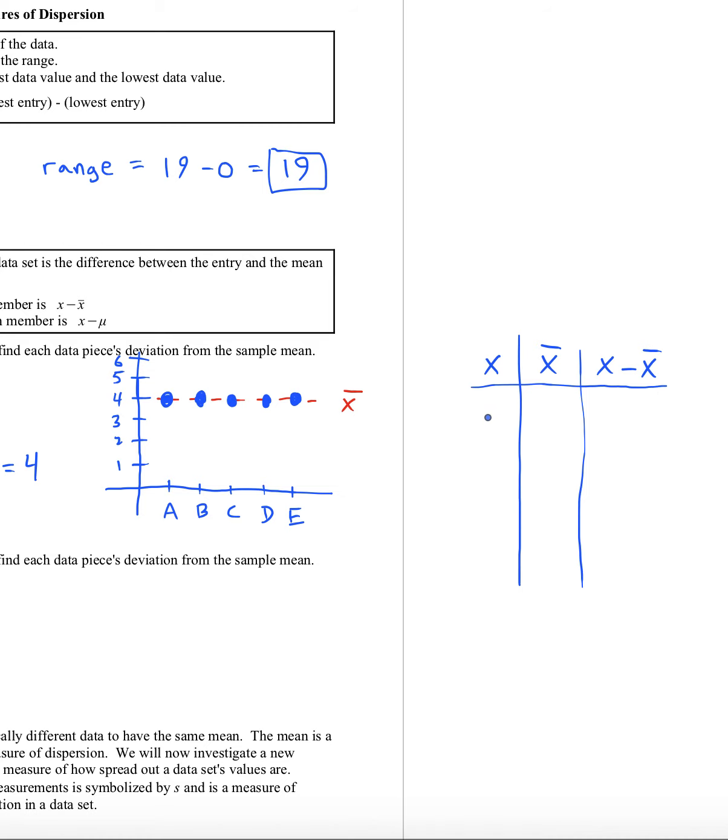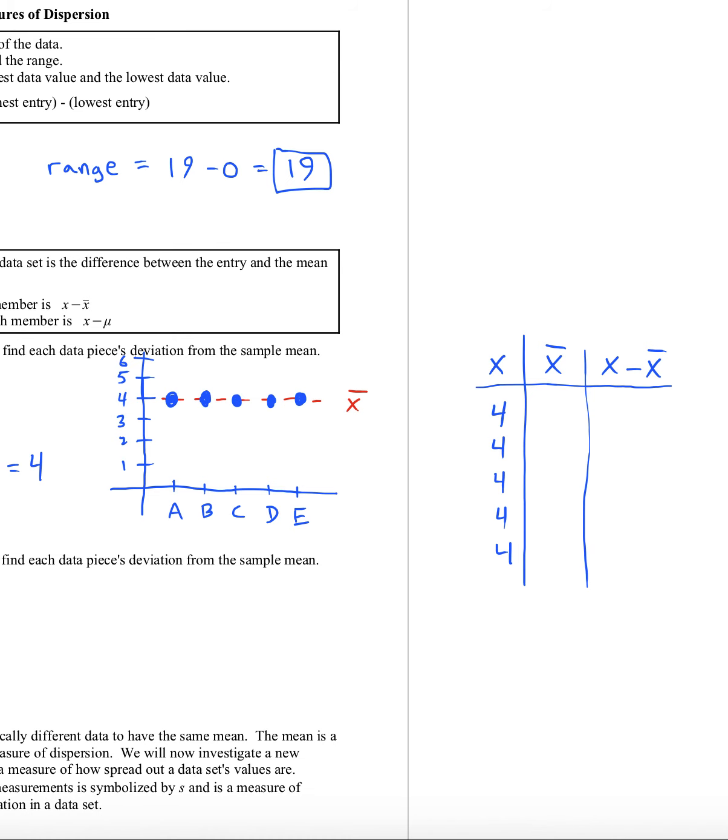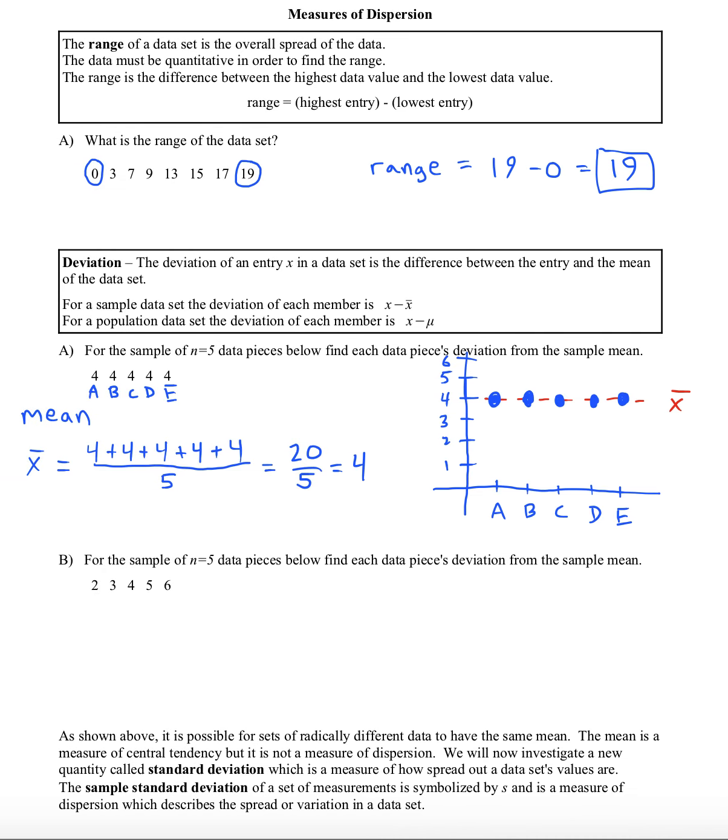X stands for the different data pieces. Let's list them all. There was 4, 4, 4, 4, and 4. 5 4s. We also calculated the mean. The mean is also 4.